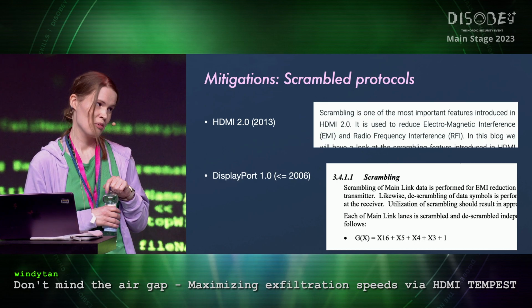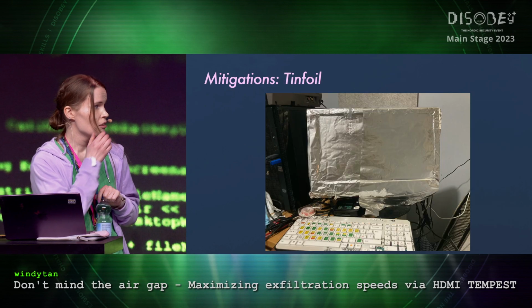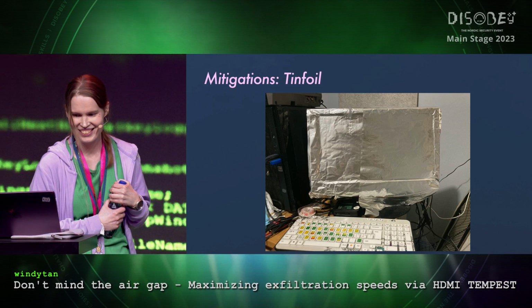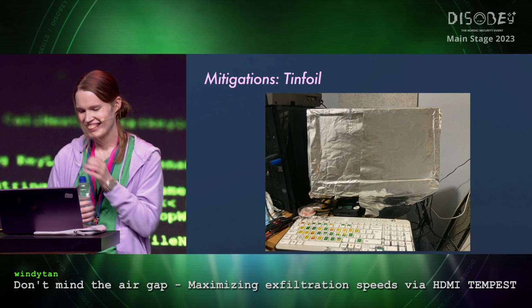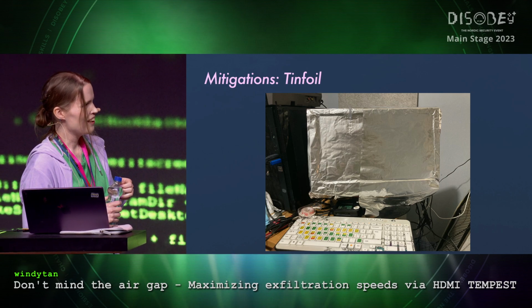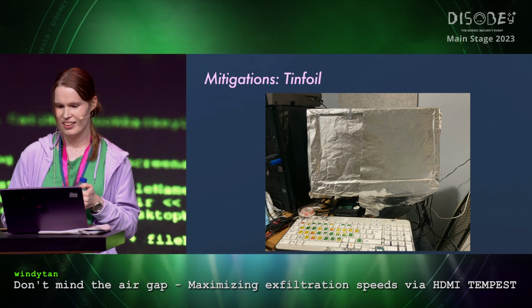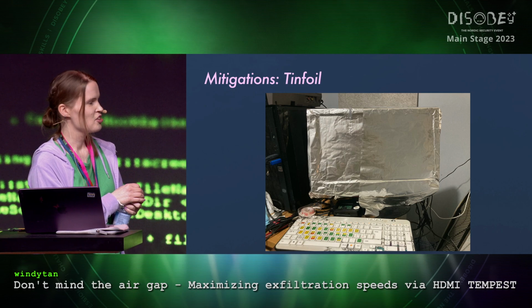I also came up with some silly mitigations. What about this? Yeah, it's very impractical, I would say, and also maybe a slight fire hazard, I would imagine. And then somebody told me about chicken wire.